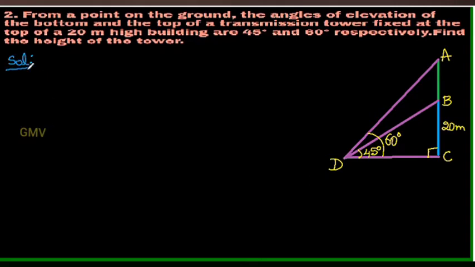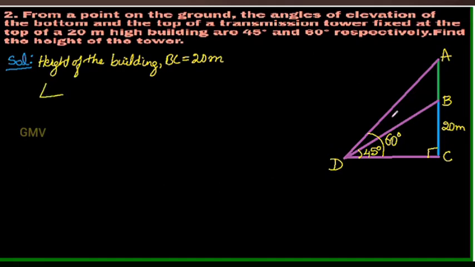Let us see the solution. Height of the building BC is equal to 20 meter and angle BDC is equal to 45 degree.